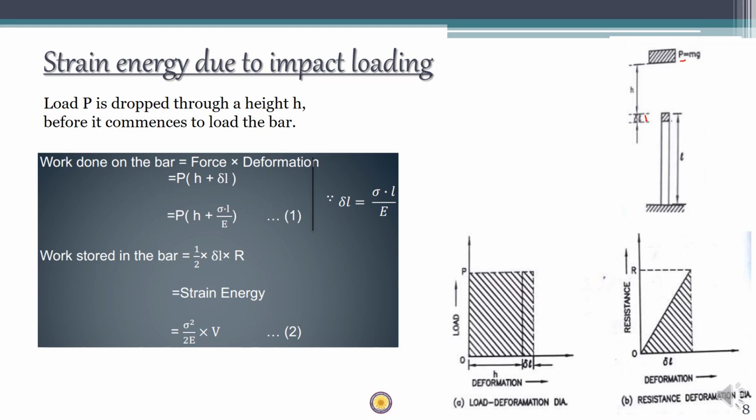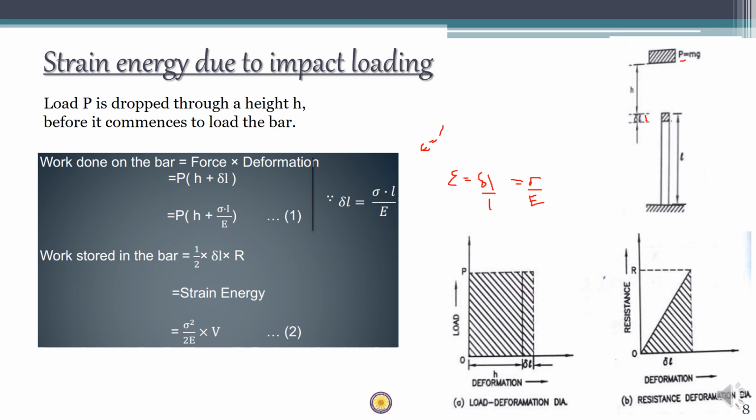Delta L is sigma L by E. We have epsilon equal to delta L divided by L. We also know that epsilon is sigma by E. So from this expression we can get delta L. Delta L is sigma L by E.